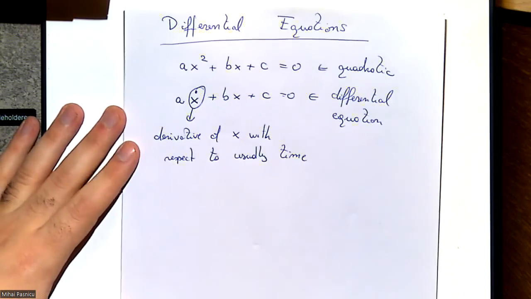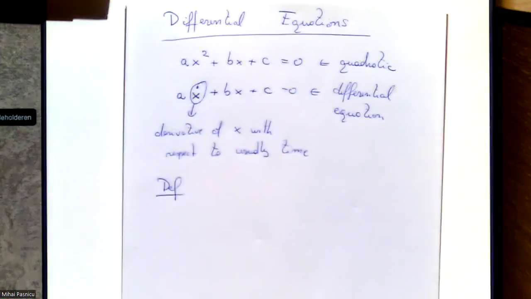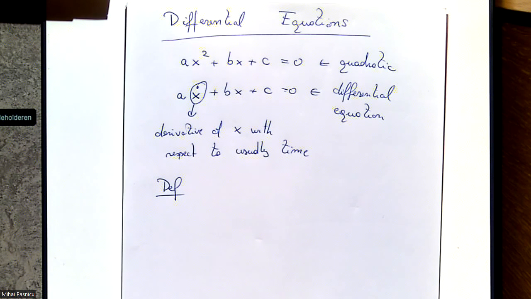Let's give the formal definition of what a differential equation is. For this I actually need to look it up, because I've never memorized it, so I never had to use the definition.